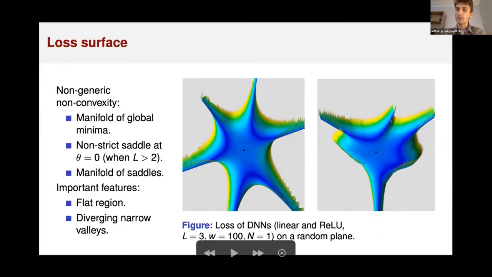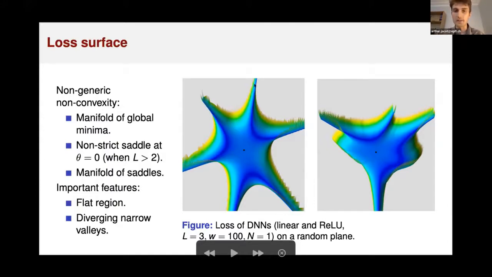I think an interesting property is that there are regions which are close to the origin. The origin is this black dot, but then you have these diverging valleys. Of course I had to stop computing the loss at some point, but these valleys actually continue towards infinity and diverge.